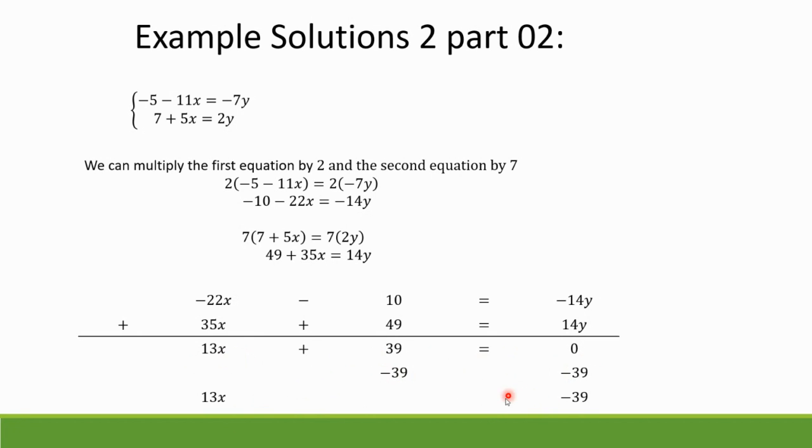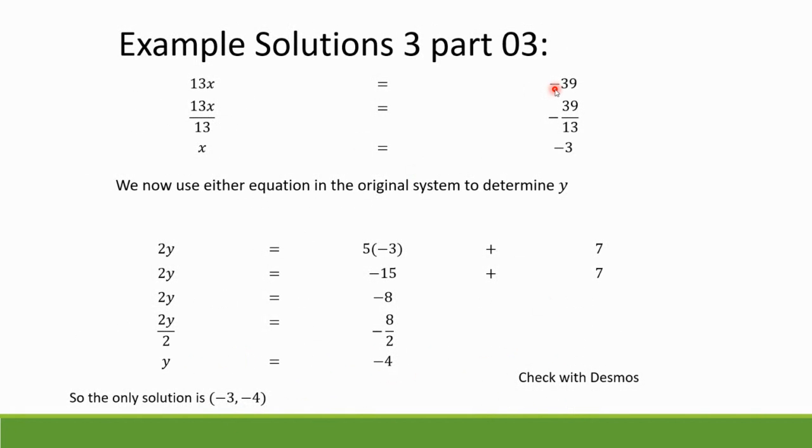So 13x equals negative 39, as you can see. Then we divide both sides by 13, because we have 13x is negative 39, but we want x all alone. Doing so, we get x is minus 3.